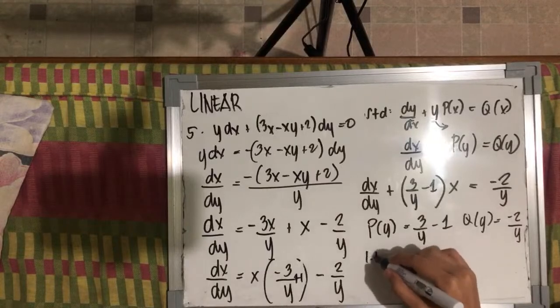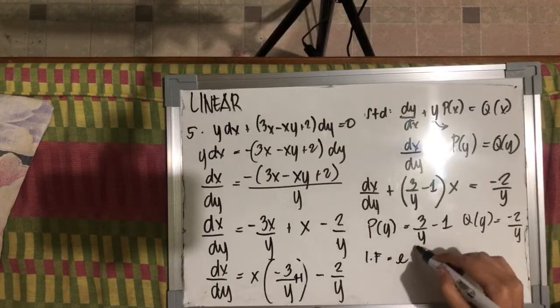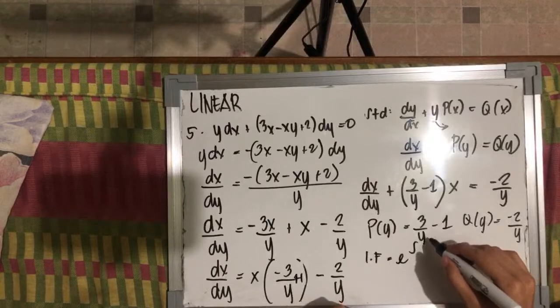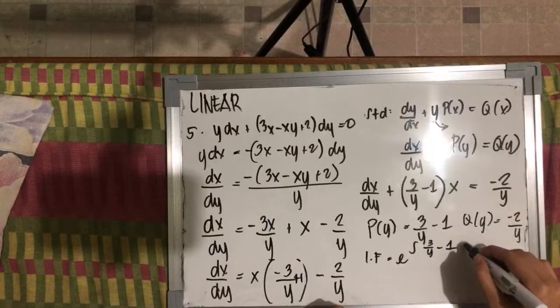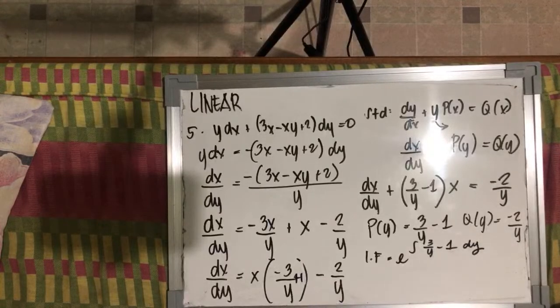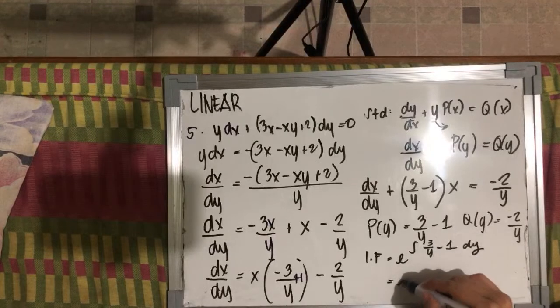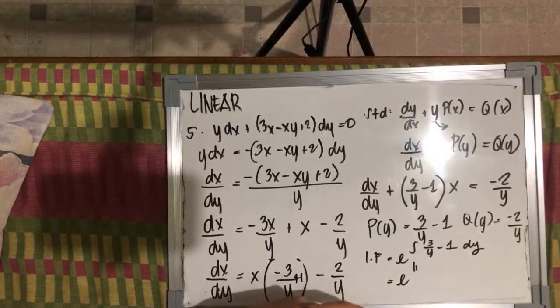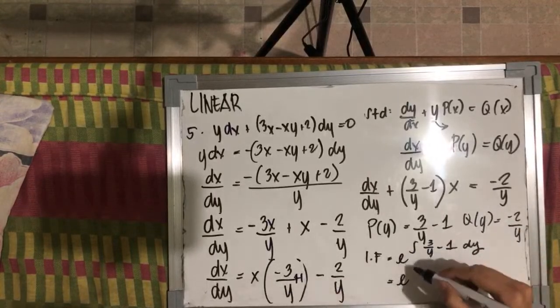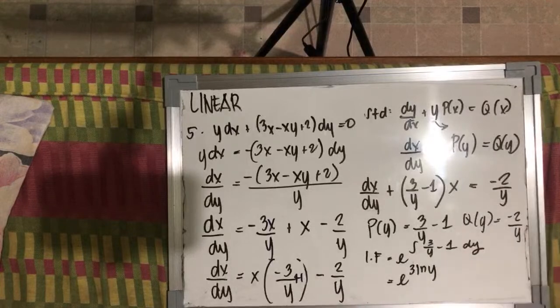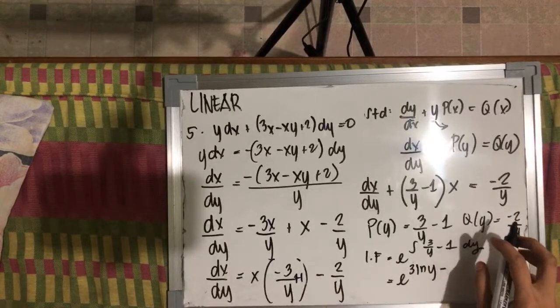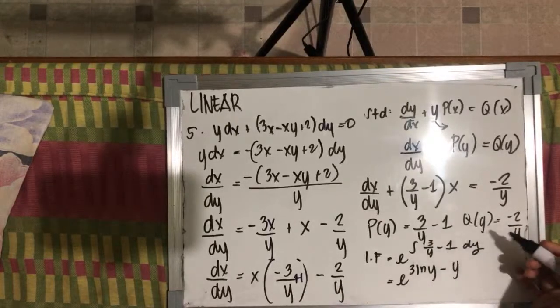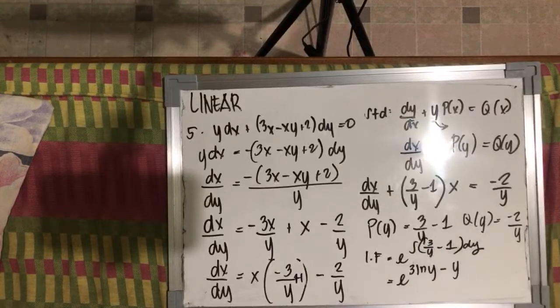So, integrating factor, e raised to the integral of 3 over y minus 1 dy. Magiging e raised to 3 ln of y minus y kapag in-integrate ko to.